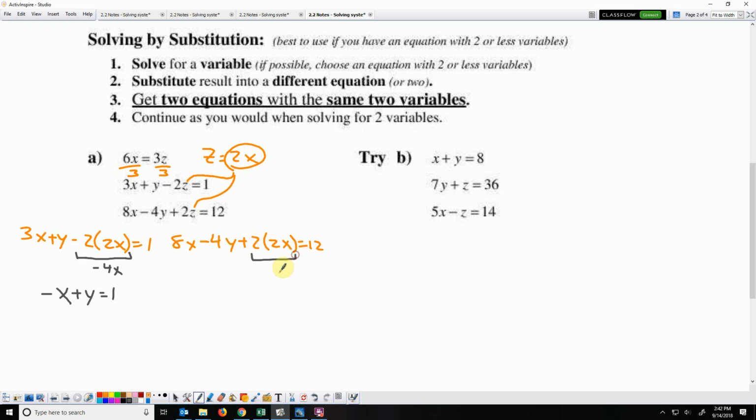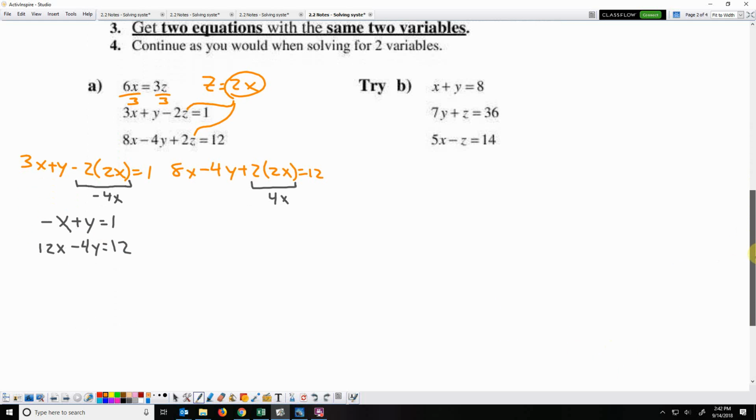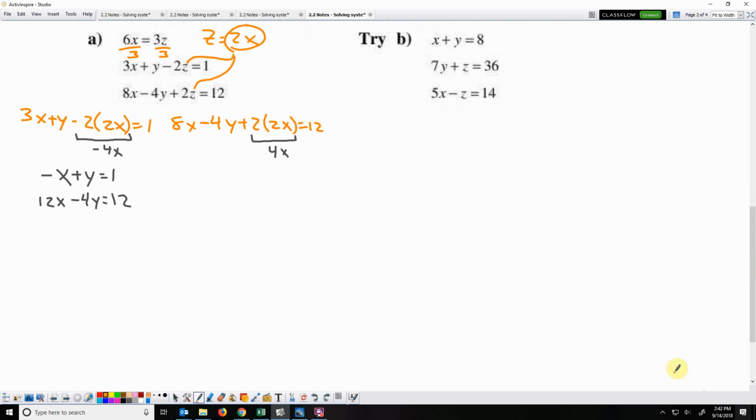And then here, 2x times 2 is 4x, so I've got 8x plus 4x, and that's 12x, minus 4y equals 12. So I've got 2 equations, 2 variables. So now I just continue to solve this like I would any other 2x2 system.